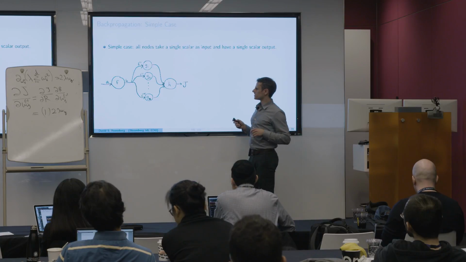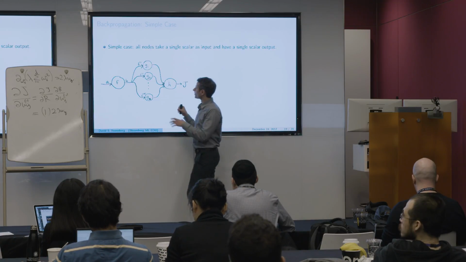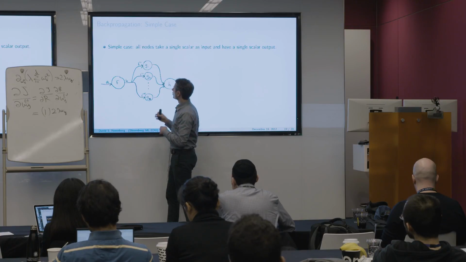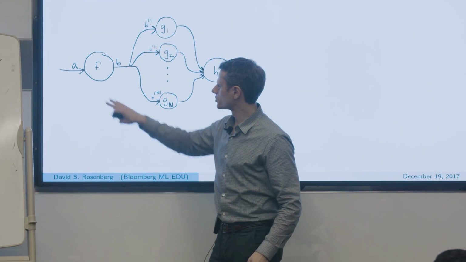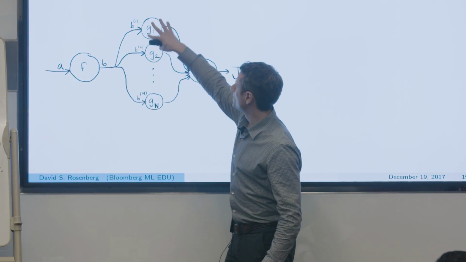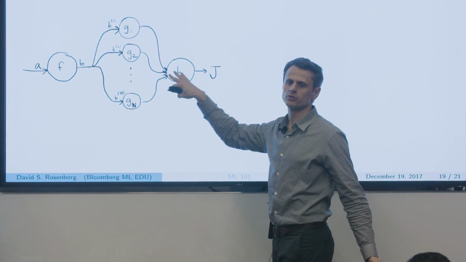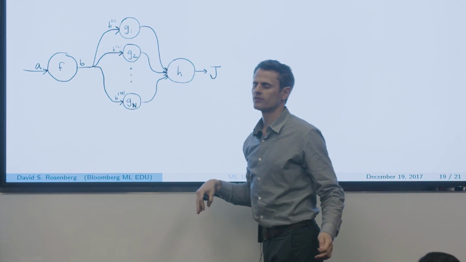So here's the simple case. This is maybe a zoom in of the network where we're interested in f. This is the node we're working on now, f. And f has some output, it feeds into a bunch of stuff, and then maybe we've absorbed a whole bunch of more nodes into a single node called h. Maybe g's absorb a lot of stuff.